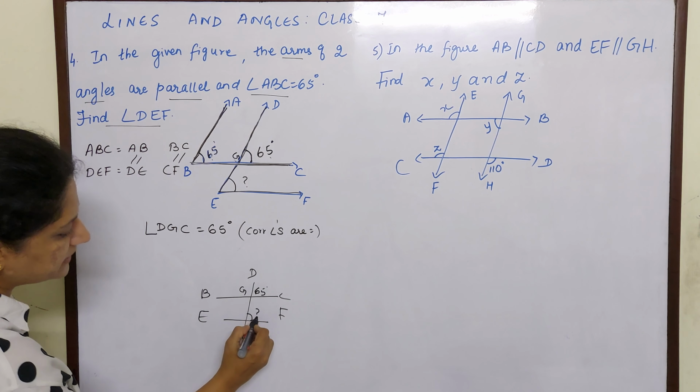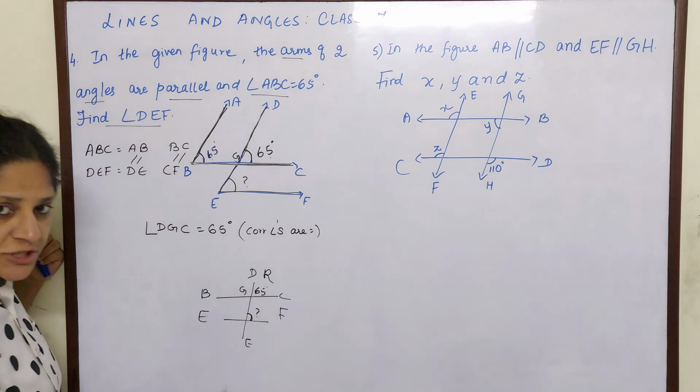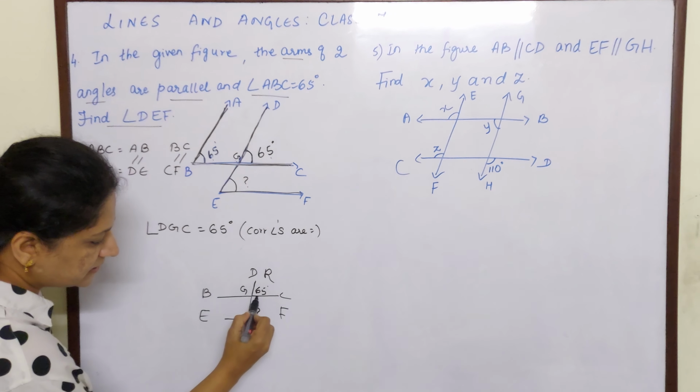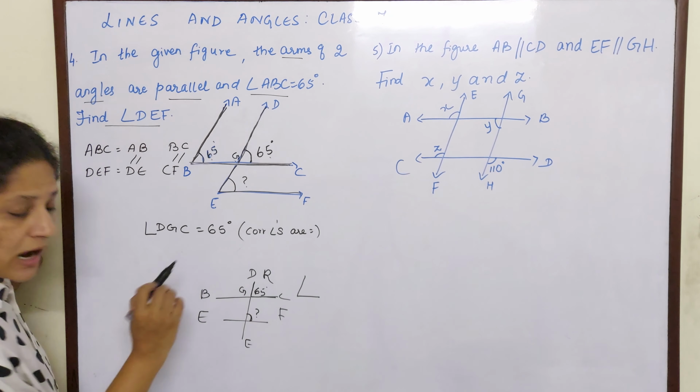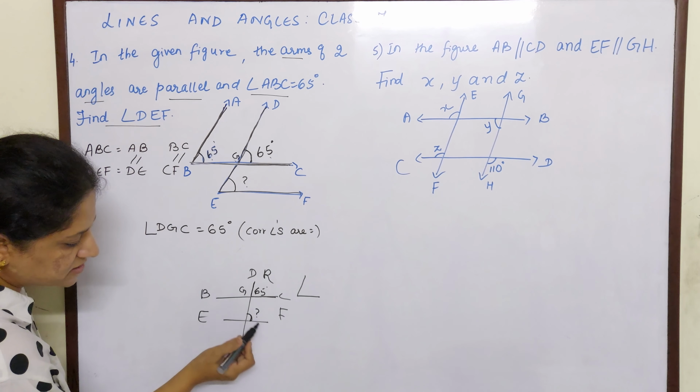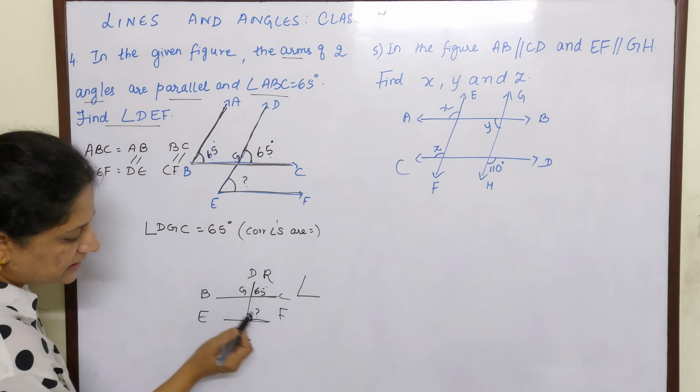They both are lying on the right hand side, the 65 and this question mark. It is lying above the line, and in the same way this question mark is lying above the line, and they follow the same pattern. So we can say that angle DEF is also 65 degrees because corresponding angles are equal.